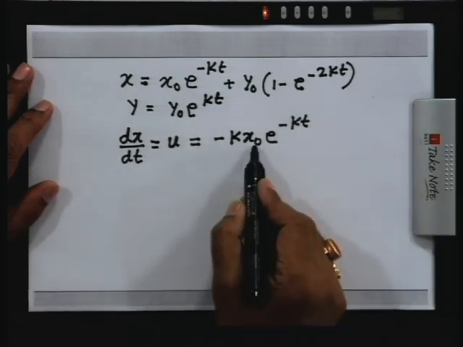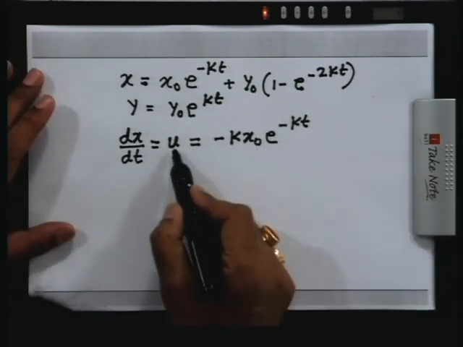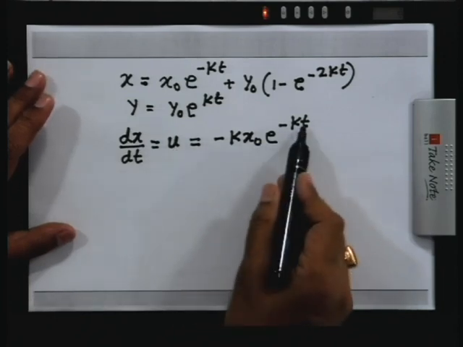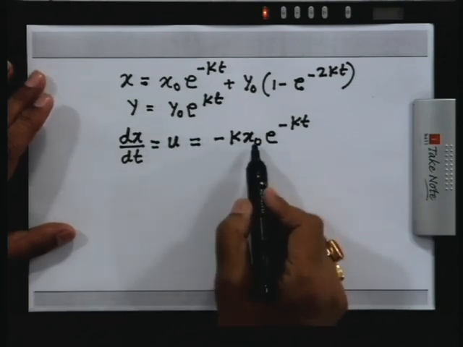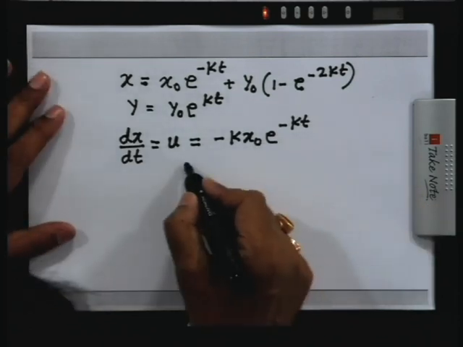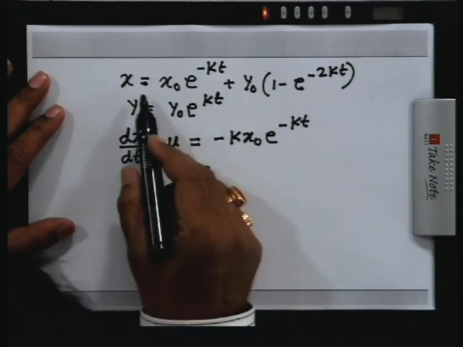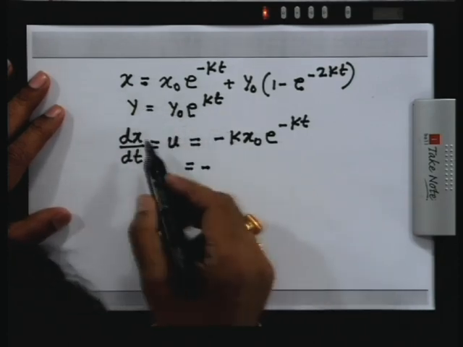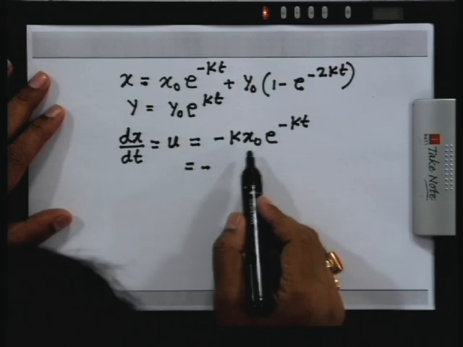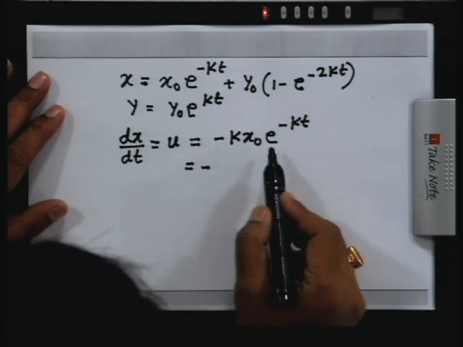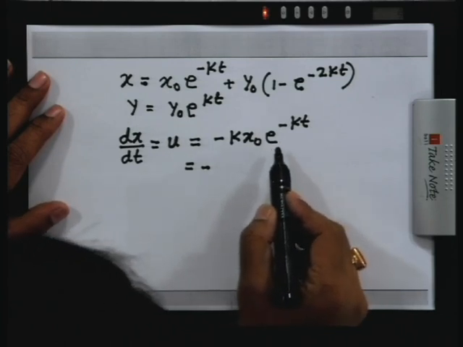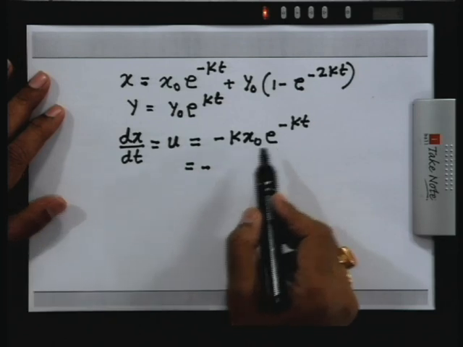But here it is x0, and it will not stay, because the Eulerian expression u has to be expressed in terms of t, x and y. So, x0 has to be eliminated. This is simple mathematics.